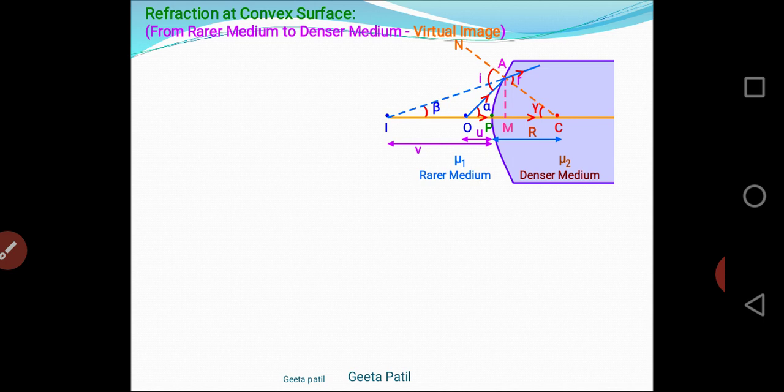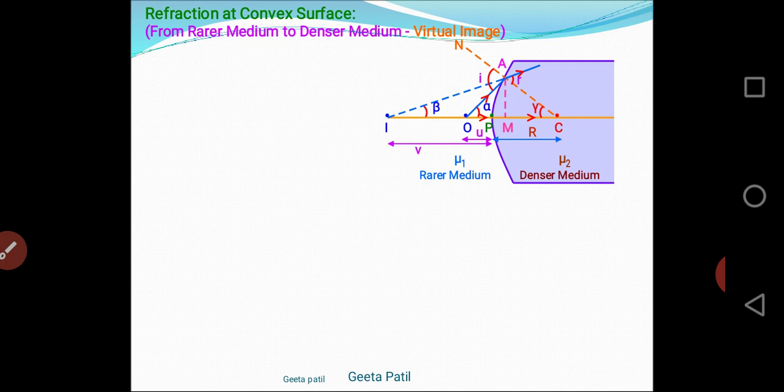In this case, we place the object O near the refracting surface. u be the object distance, v be the image distance, mu1 and mu2 be the refractive indices of rarer and denser medium respectively.